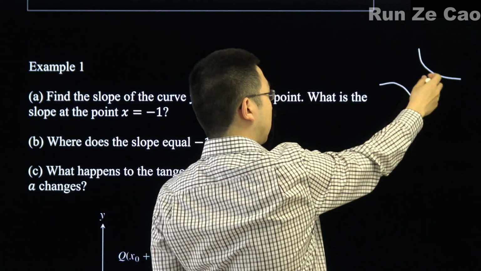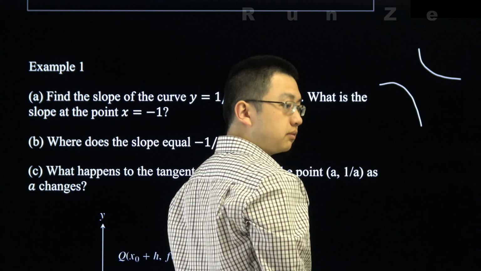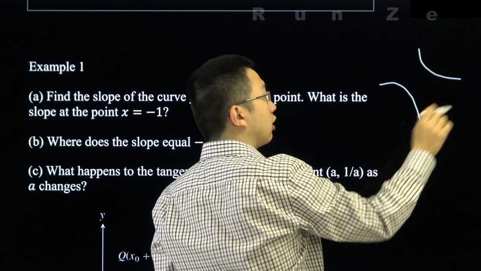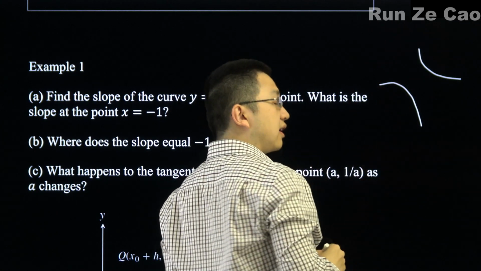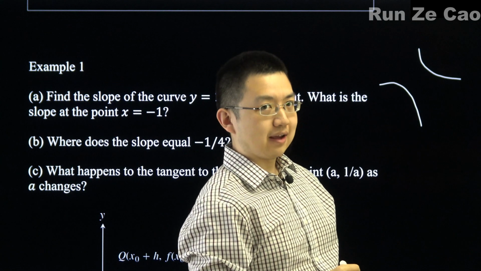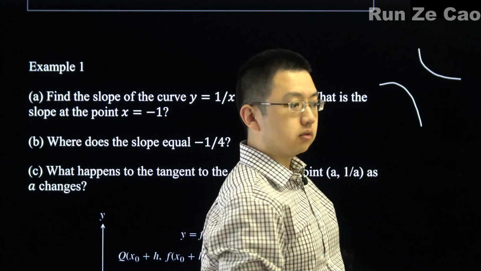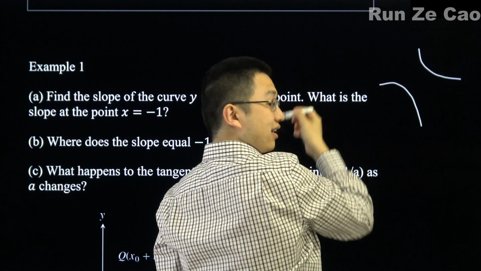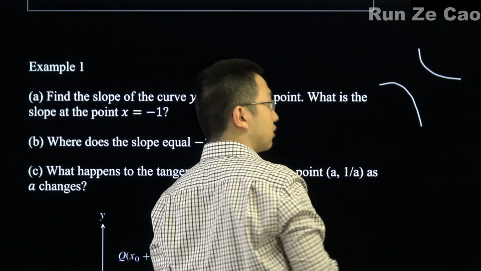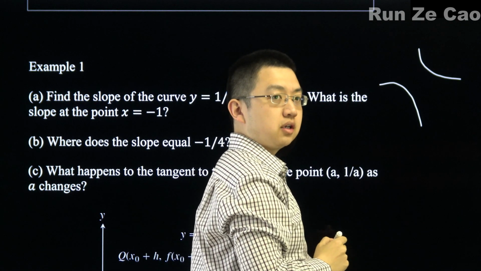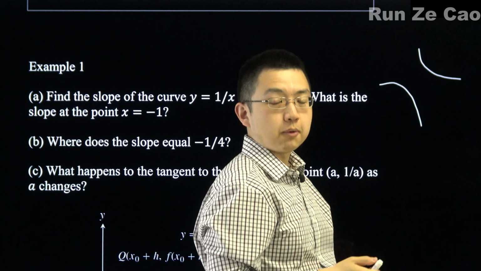But here, as x gets bigger, the slope gets smaller. Here, as the absolute value of x gets bigger, we will actually go that way. So the slope gets less negative. Our absolute value of slope gets smaller.